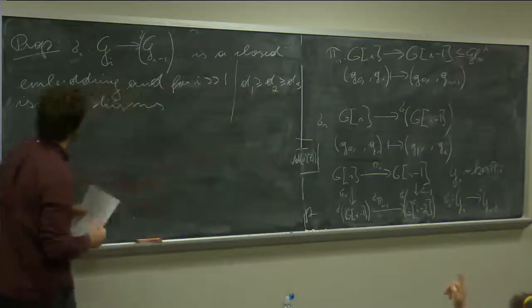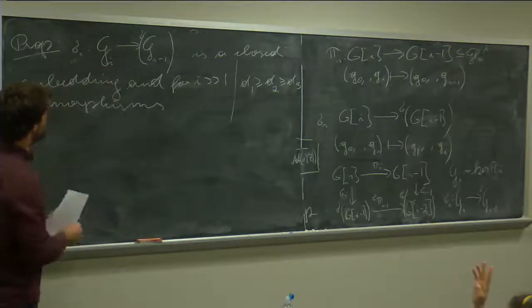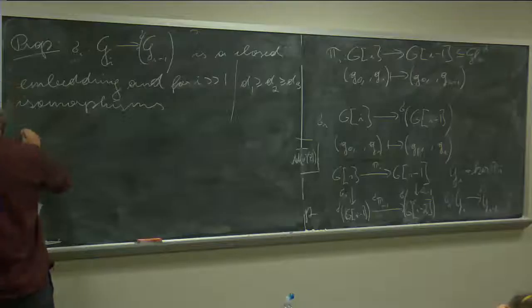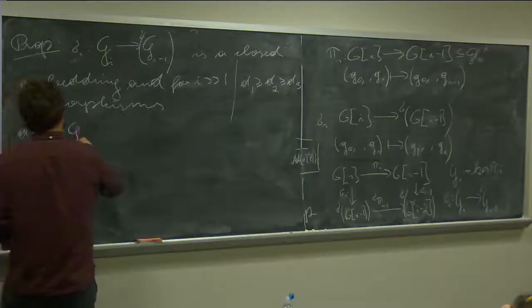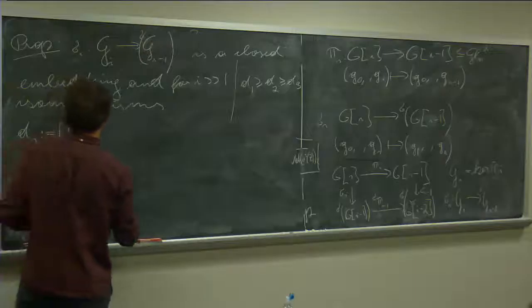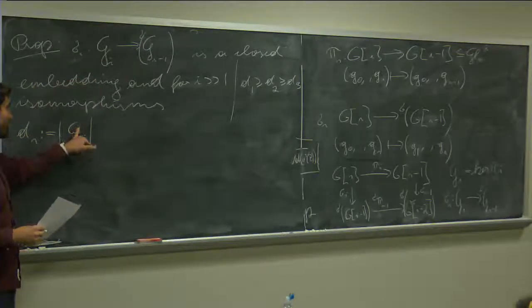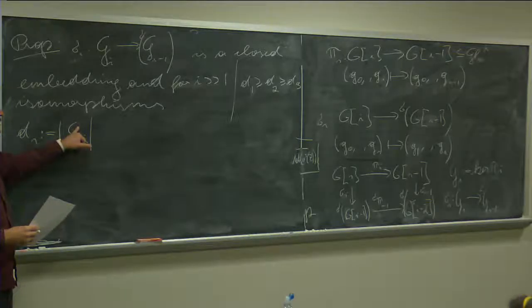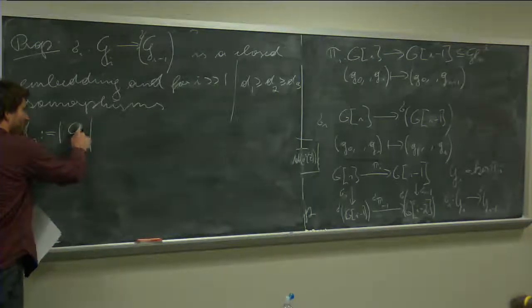And what you can find from the fact that this is a closed embedding is, if you say d_i is just the size of G_i, then the size is really just, you hope it's a finite group, the number of its elements, and maybe more abstractly, it's the dimension of the coordinate ring as a k-vector space.